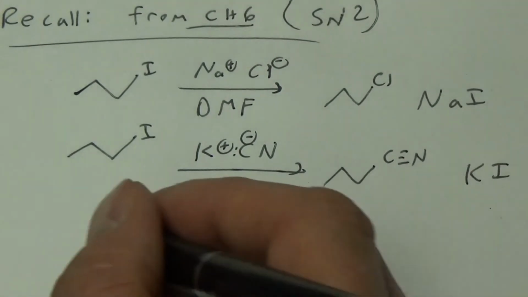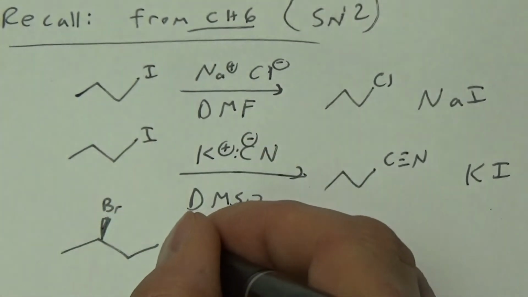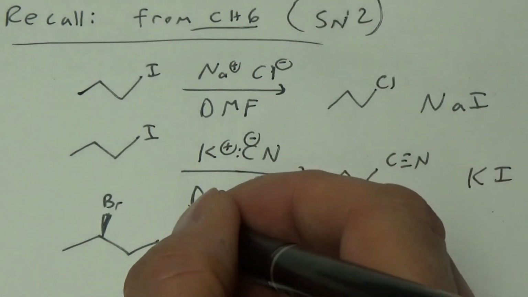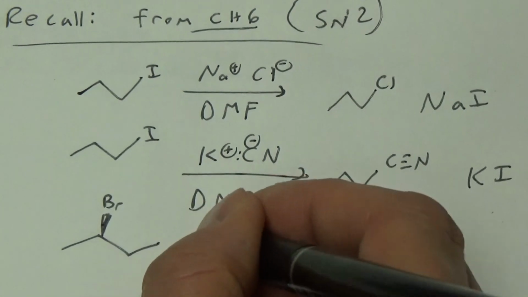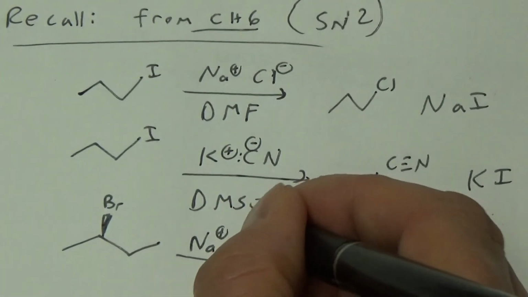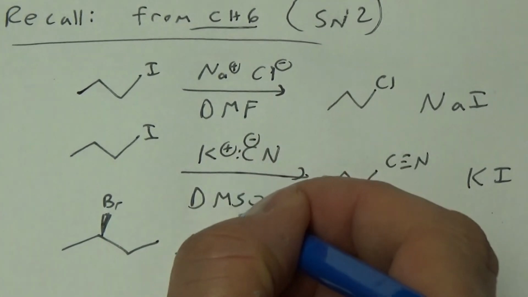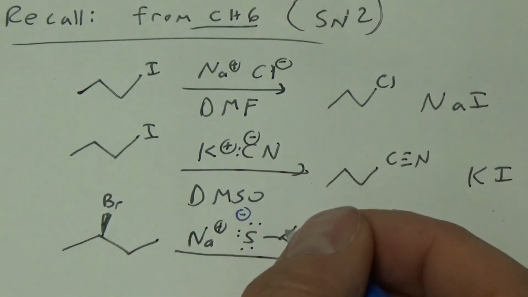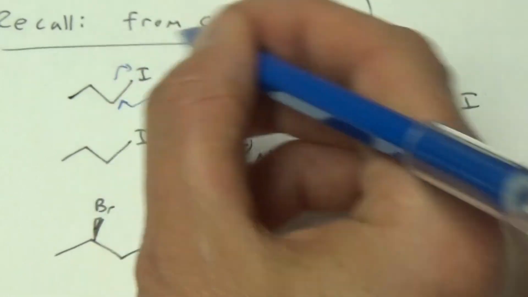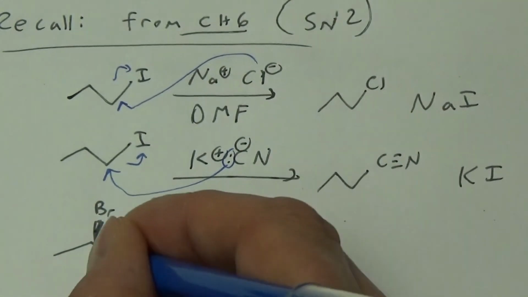What about secondary? We could do 2-bromobutane. We'll do Na plus S, a nice good nucleophile. All the sulfur ones are good nucleophiles. Thiolate. This kicks that off.